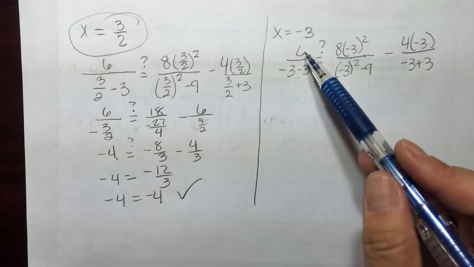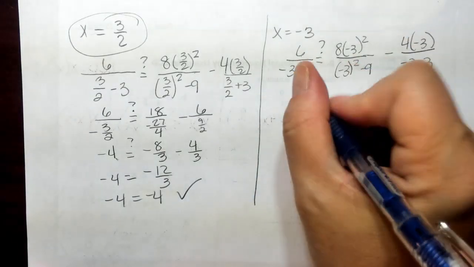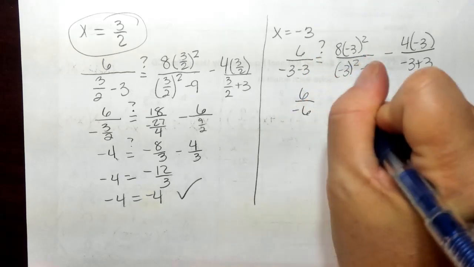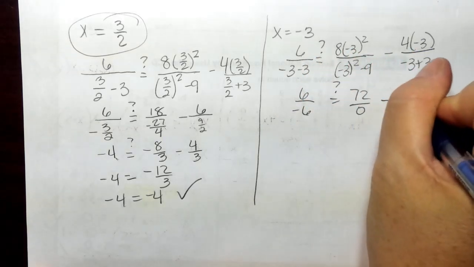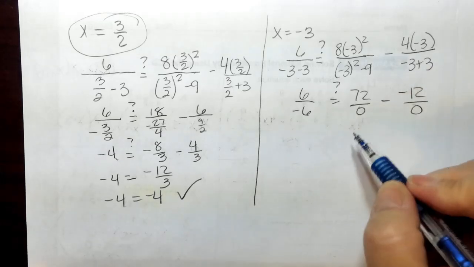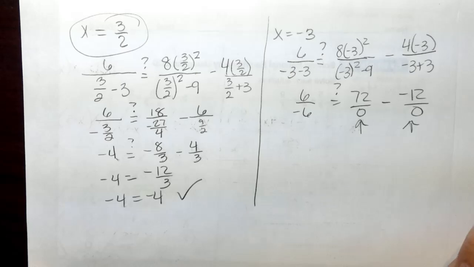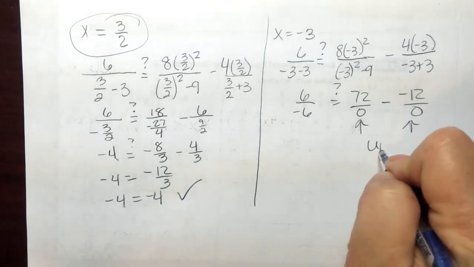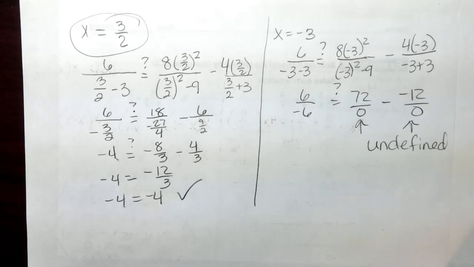So now let's look at the same thing, but with negative 3. All right, so if you work this out, you would get something like this. So what happens when we have zeros? If you plug this into your calculator, you would get an error message because this is undefined. All right, remember, we cannot divide by zero.